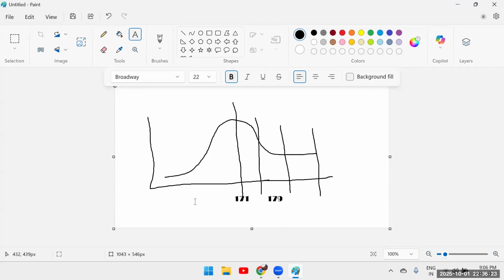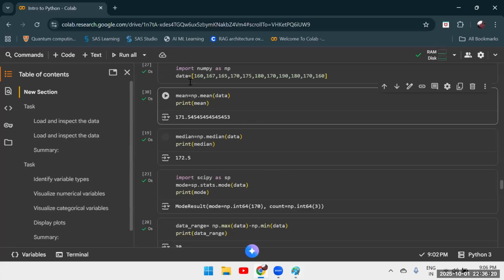Basically, data will be within this standard deviation. What the standard deviation tells us is how much the values are spread out from the mean. So a low standard deviation means the values are closer to the mean.